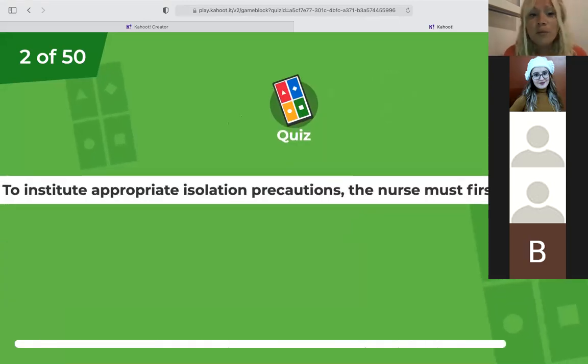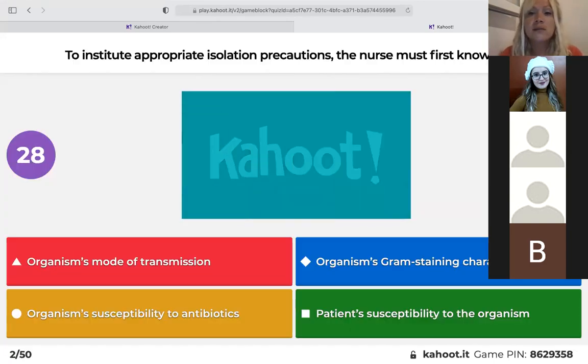To institute appropriate isolation precautions, the nurse must first know what?